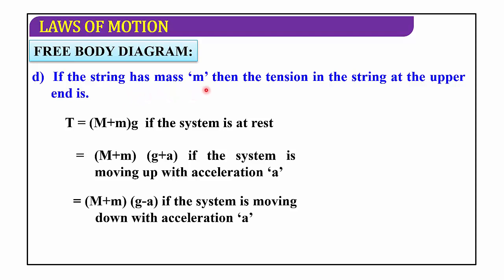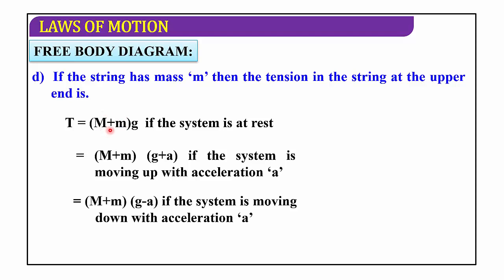If the string has mass m, then what is the tension in the string at the upper end? Till now we considered negligible mass for the string. Suppose the string has a certain mass m, then how to write the tension? Capital M is the mass of the rigid body, and small m is the mass of the string, because the string is connected to this rigid body.